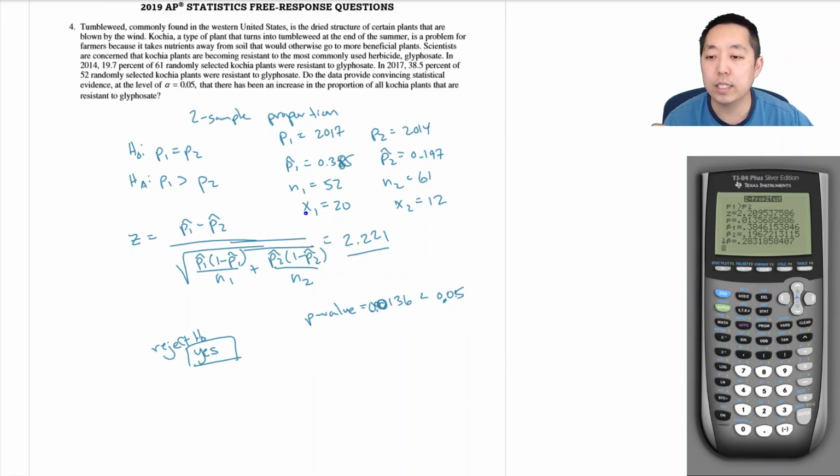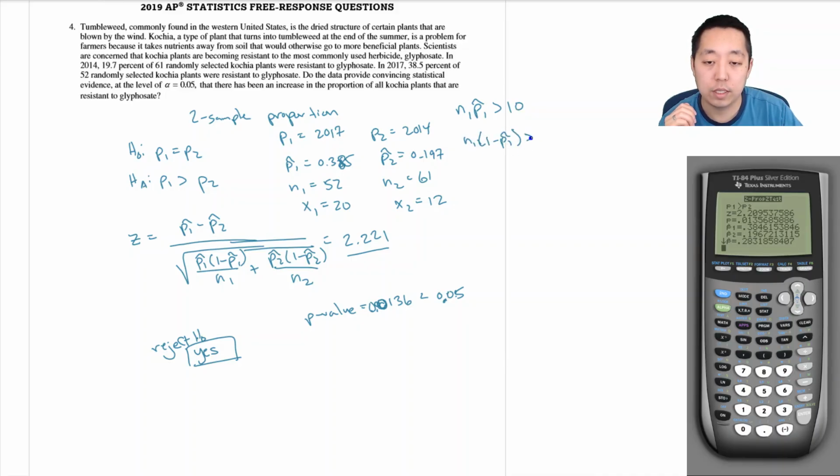One thing I probably should have done, which I didn't write in the notes, is double check that we can use the hypothesis test. They may actually check for conditions. So you do checks like n1 p1 hat is greater than 10, n1 times 1 minus p1 hat is greater than 10, and the same for n2 p2 and n2 times 1 minus p2.